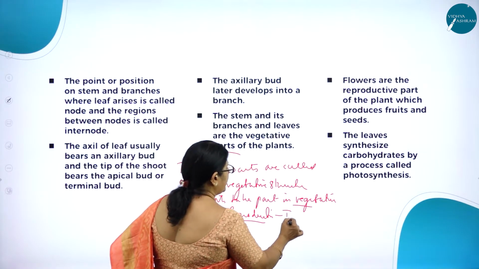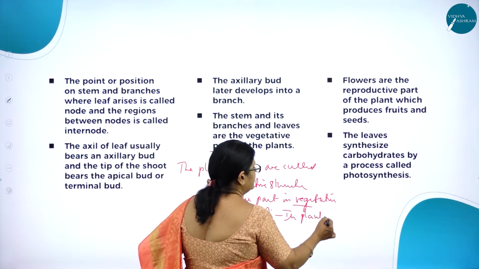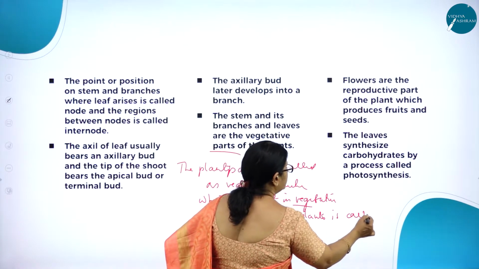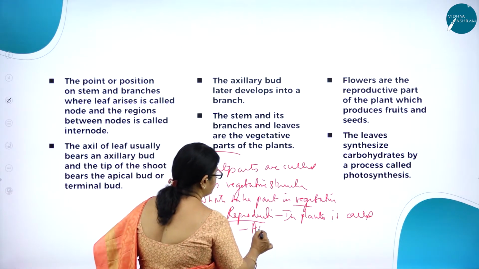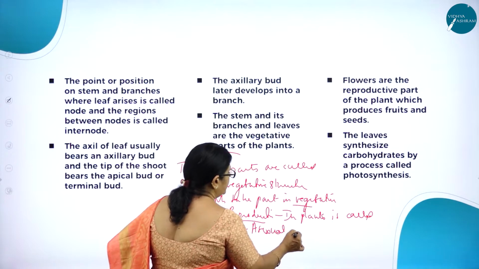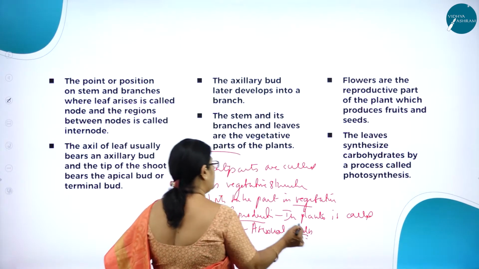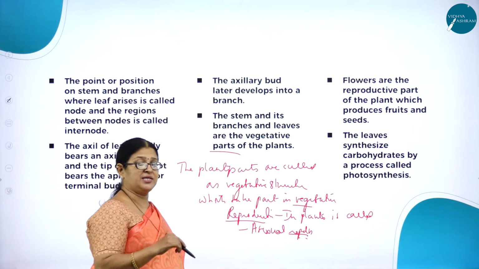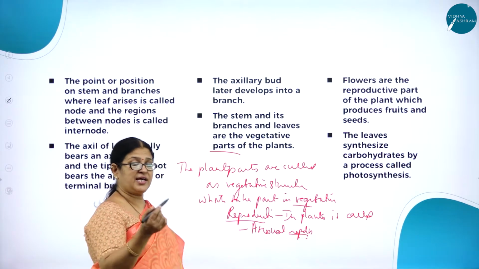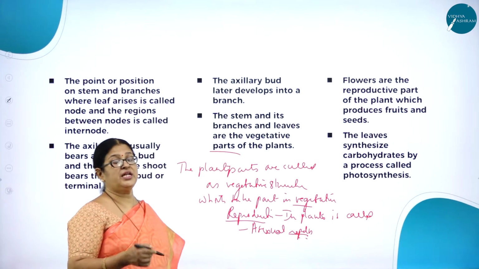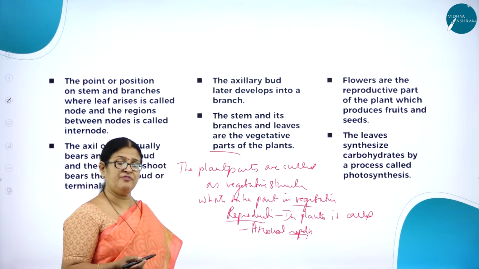Vegetative reproduction in plants is called as asexual reproduction. It is called as what? Asexual reproduction. So the plant parts like the leaf, as I think you have come across in bryophyllum, the leaf bud will take part in the process of reproduction.